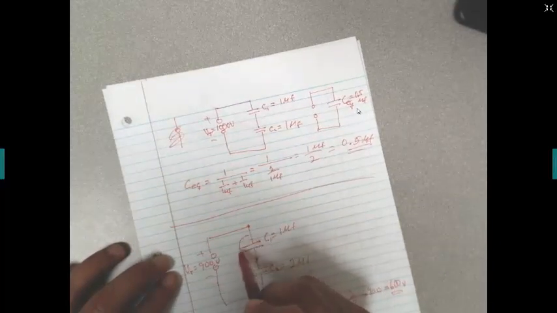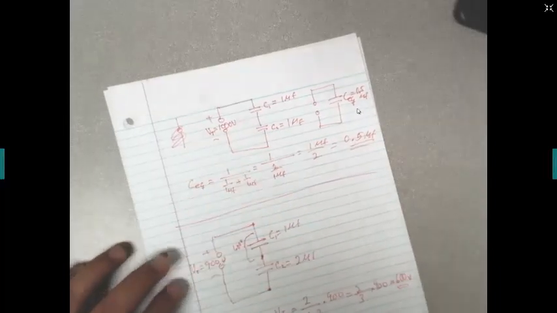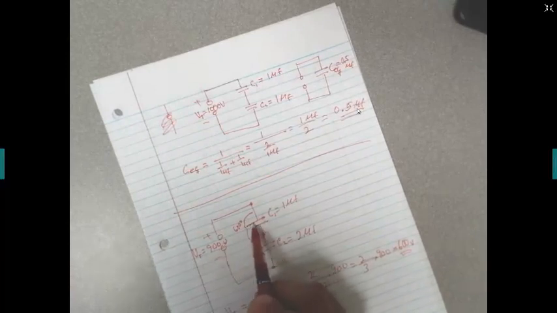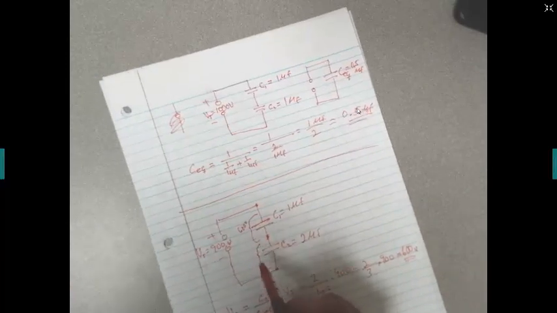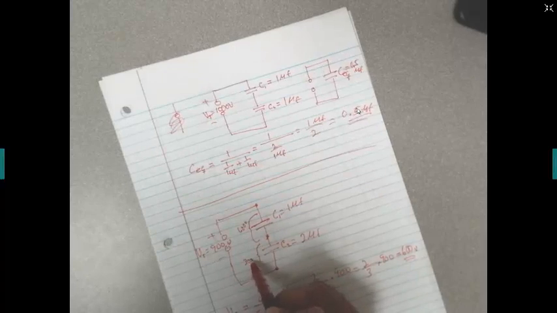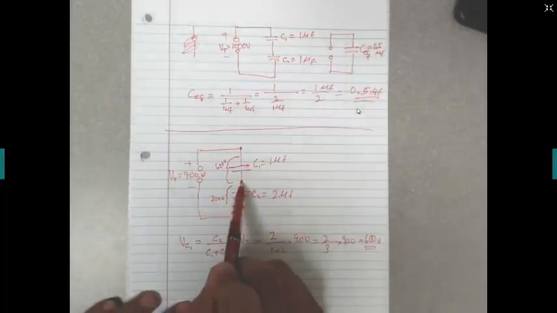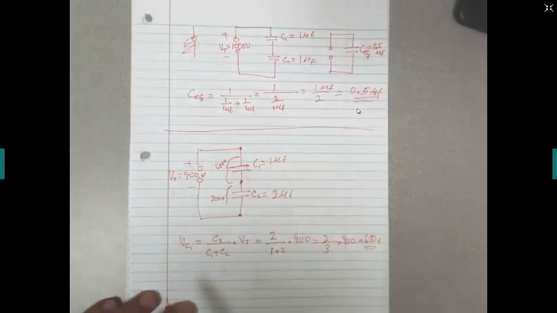So the voltage across this right here will be 600 volts, right? Therefore, if the total is 900 and you get 600 here, the voltage across here would be 300. Hopefully you guys remember how to use the voltage divider.